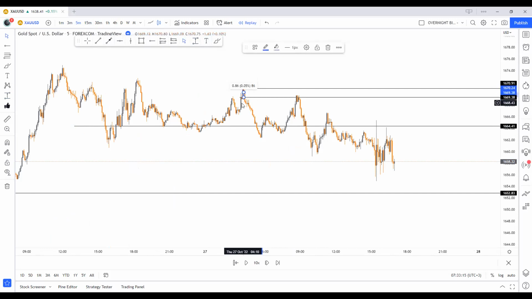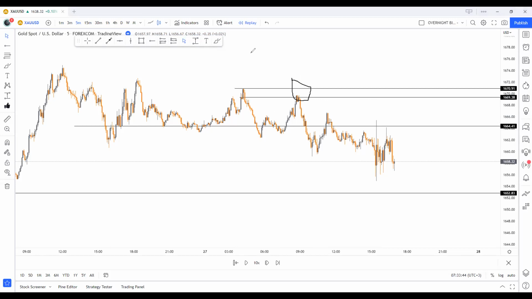Let me put it well. It says 16, but it was less than 16 pips because I calculated the pips from the, okay, it was something like 11 or 10 pips from this area, only such an amount of pips.